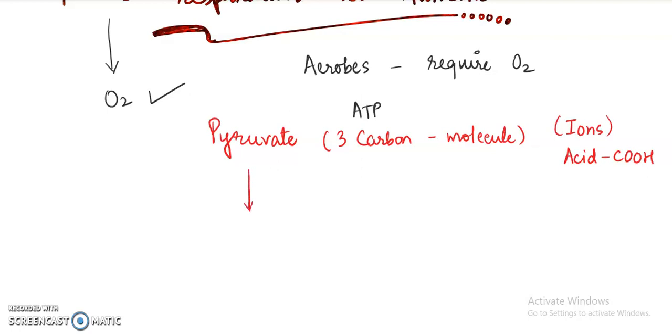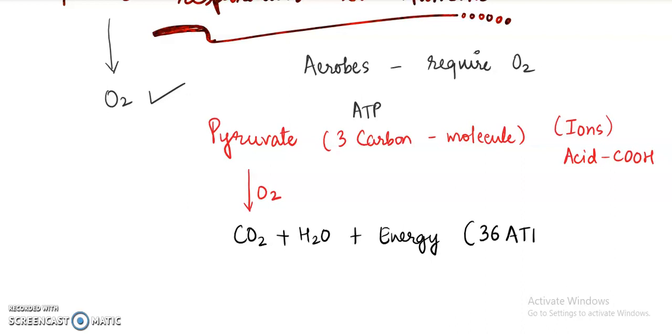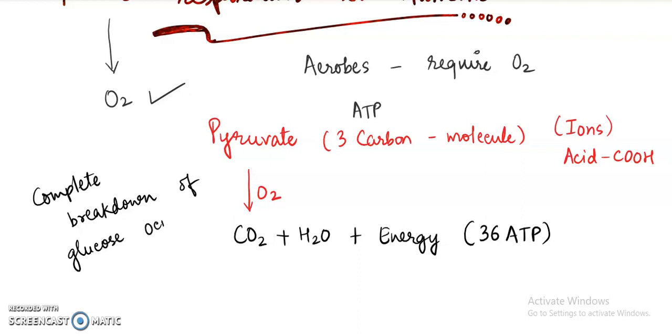Now we have oxygen. So, if oxygen is there, then the end products that are formed are CO2, H2O and energy. Now, energy in the case of aerobic respiration is quite huge. It is 36 ATP, which is quite high in comparison to anaerobic respiration, because complete breakdown of glucose occurs in aerobic respiration.